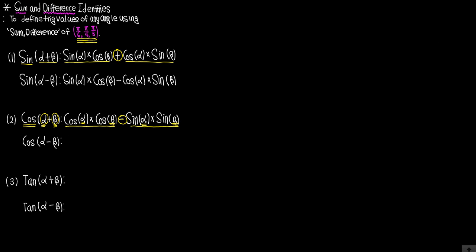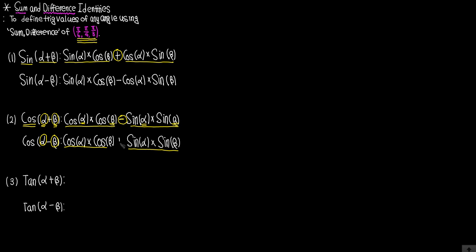That means for the cosine of alpha minus beta, where the first special angle is being subtracted by another special angle to form one angle measurement or rotation, it will be the cosine of alpha, the first angle, times the cosine of beta, just like the cosine of alpha plus beta, and the sine of alpha times the sine of beta, except that when it is a difference identity, the term that relates these two expressions will be positive.